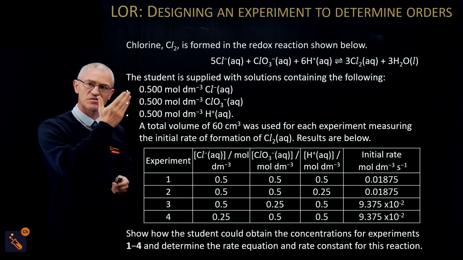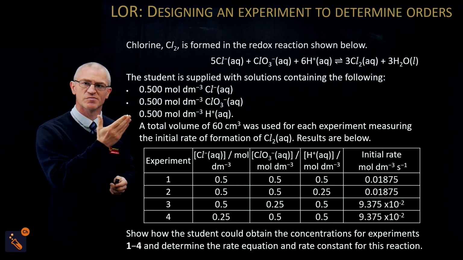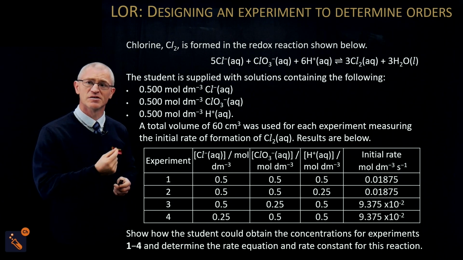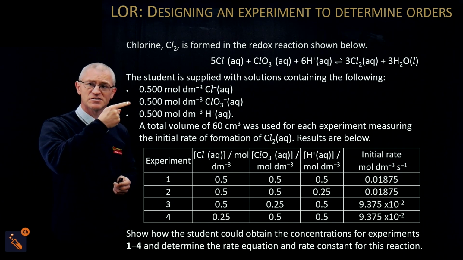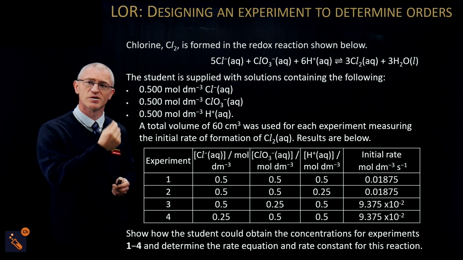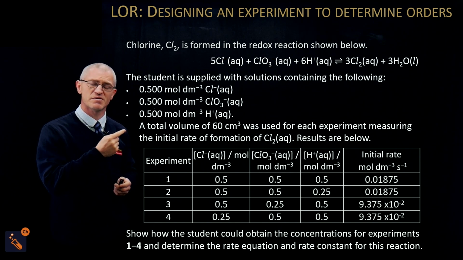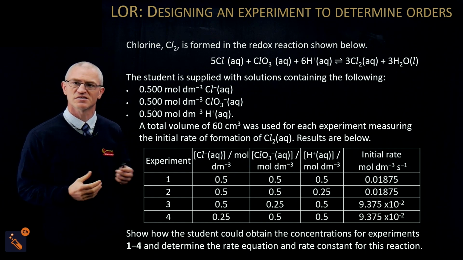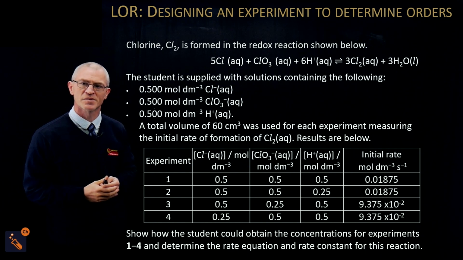We are given these 3 concentrations, 0.5 moles per decimeter cubed, and we know there's a total volume of 60 centimeters cubed used for each experiment. So that means in each experiment, we have to split these 3 reactants and make up 60 centimeters cubed. So it makes sense that we would have 20 centimeters cubed of each to add up to 60 centimeters cubed.